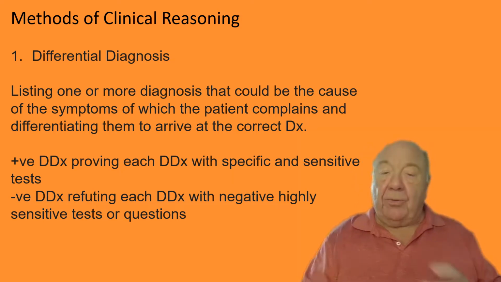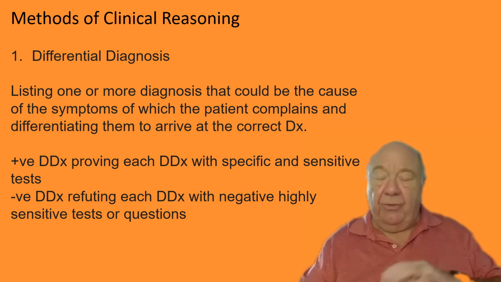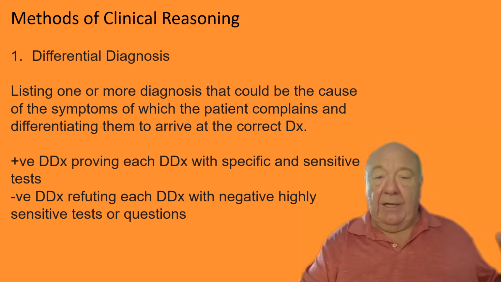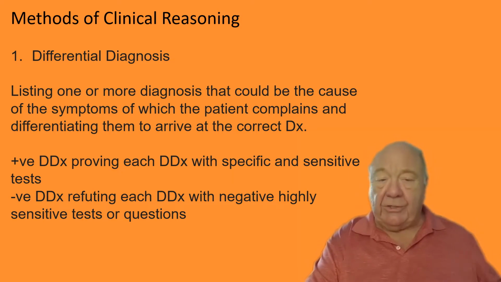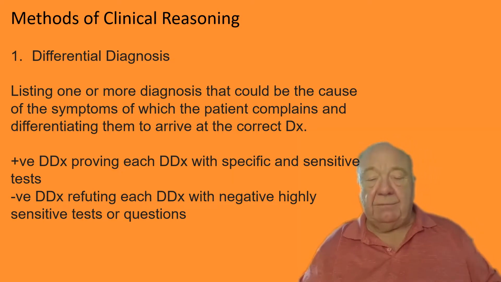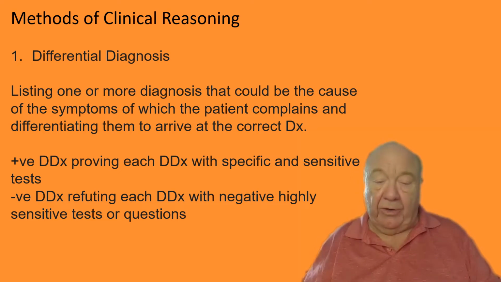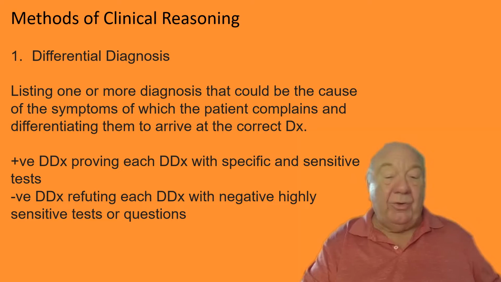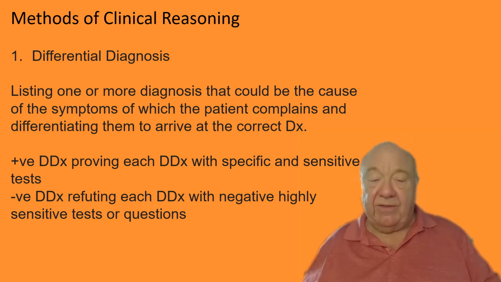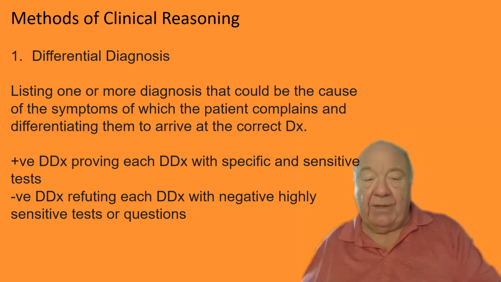Now, to prove it, you need a whole bunch of tests. If you look at an essential illness script, you need at least 2 tests, at least 4 questions, and sometimes it's more, depending on how coherent the patient is. To refute it, you just need one highly sensitive test that is negative.